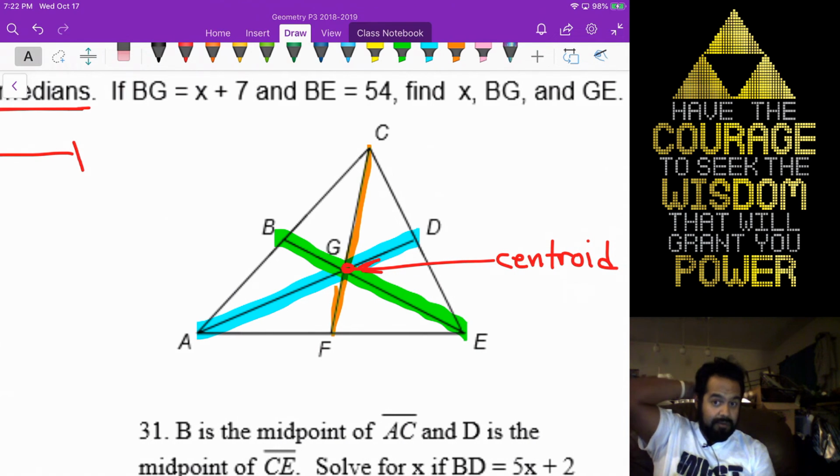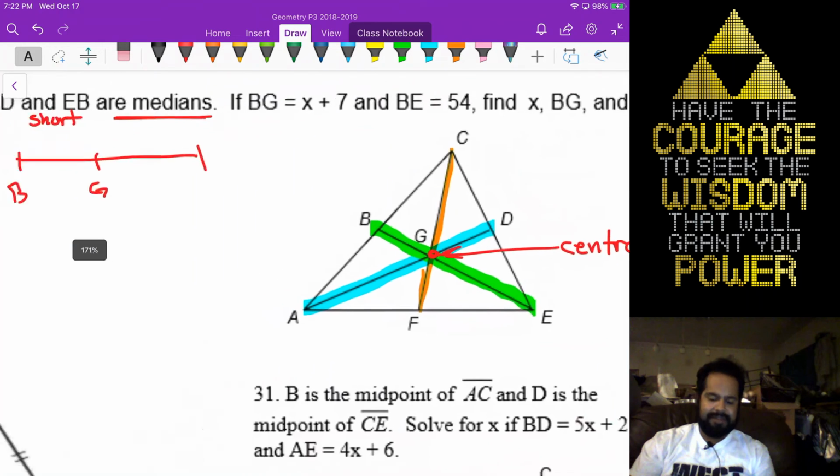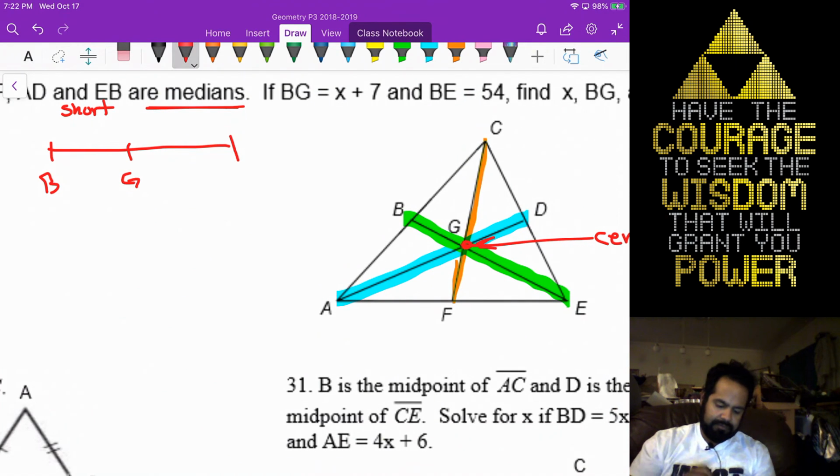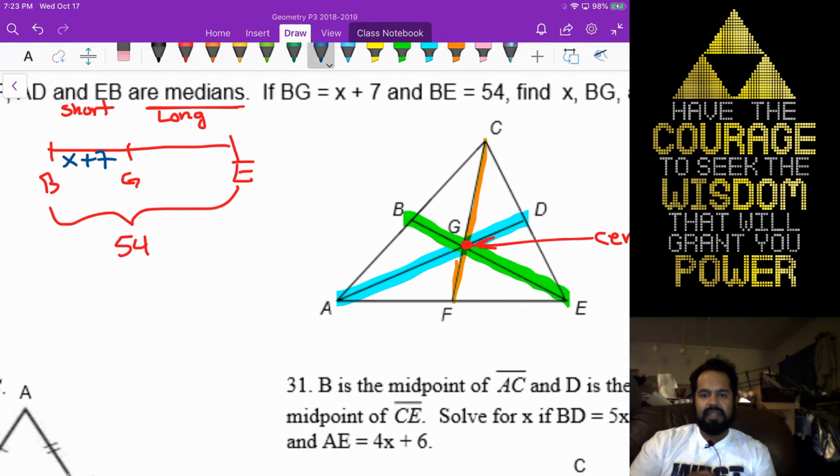54 is the total. So the only thing we were really given was that this was x plus 7. Well, let's ignore the equation for now and let's just pretend, hey, I want to find the short and the long piece.